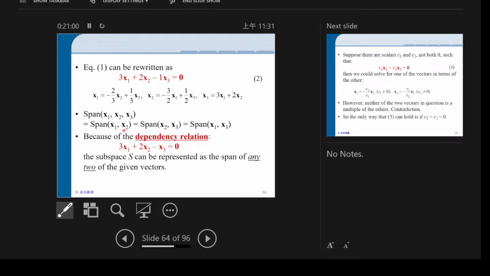And then we want to see the other direction. And here we can already see x1, x2 is already minimal.